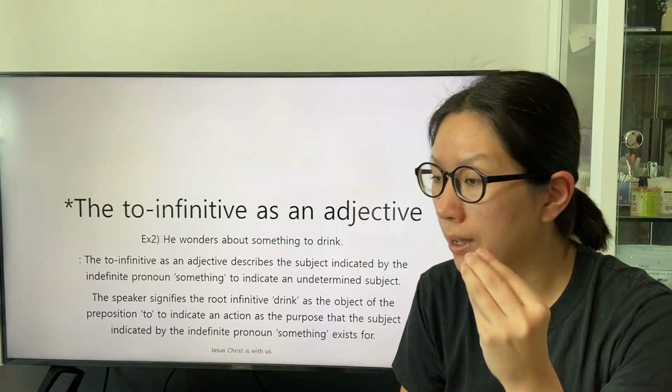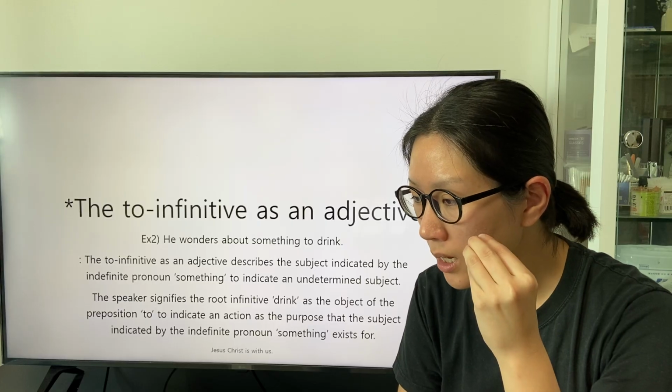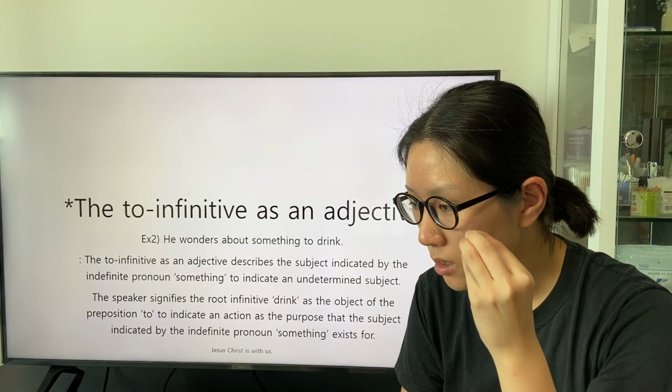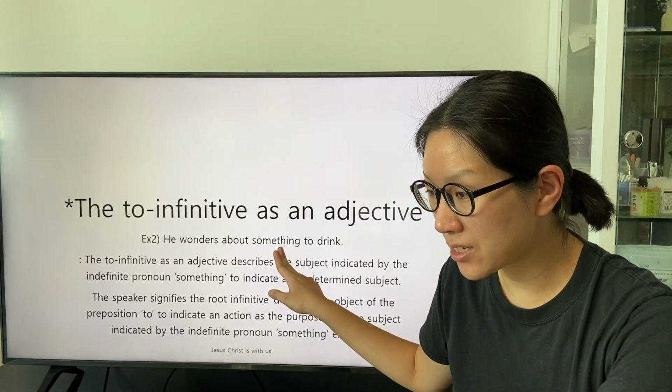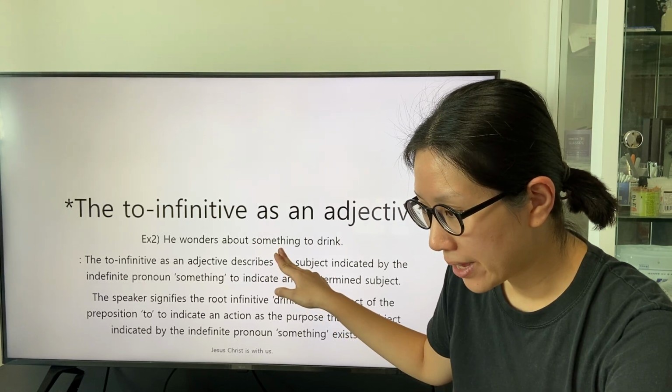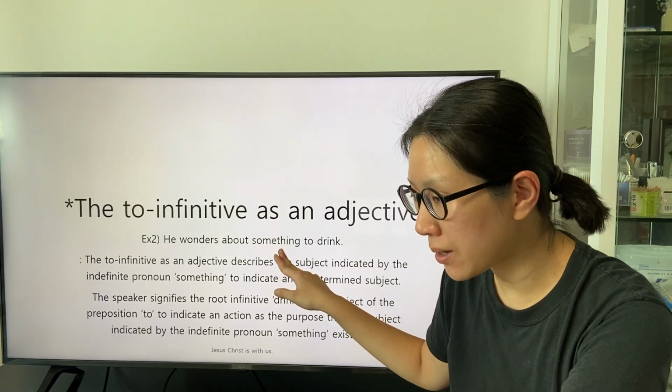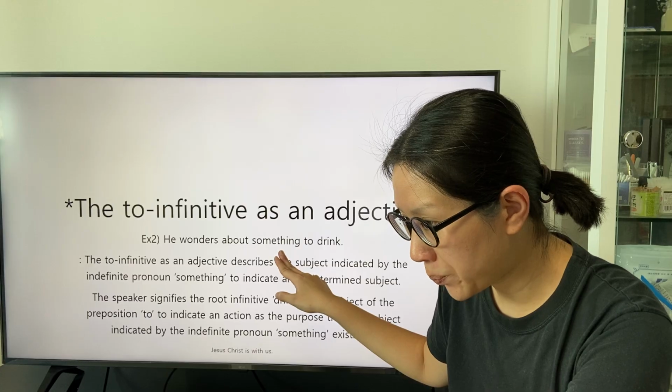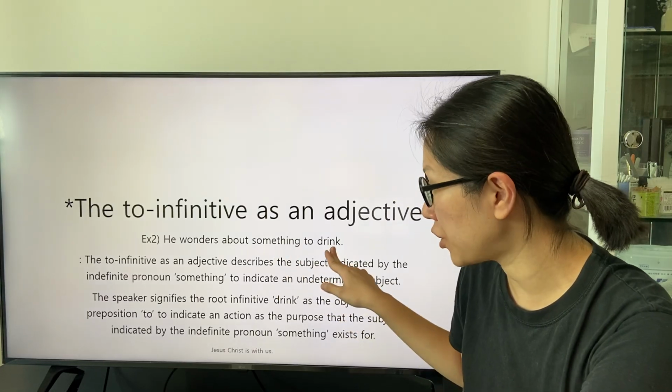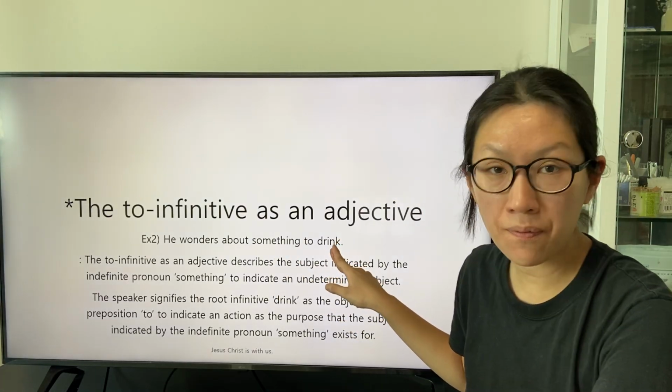The point in time when the speaker states that the subject has a purpose, and the point in time when the purpose of the subject actualizes is different.